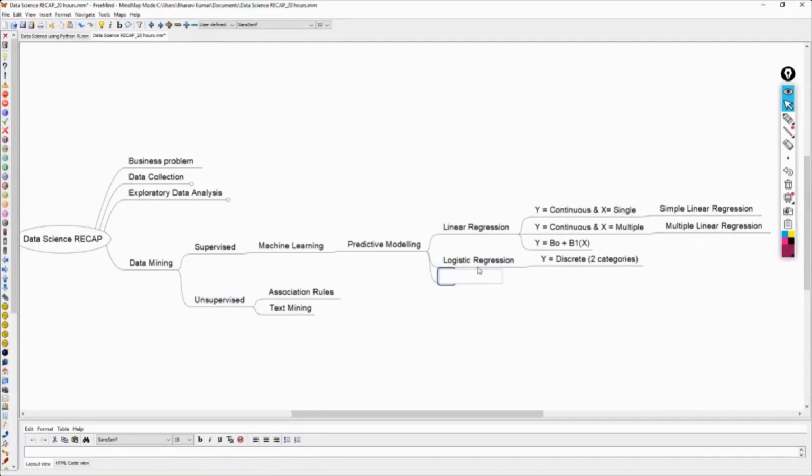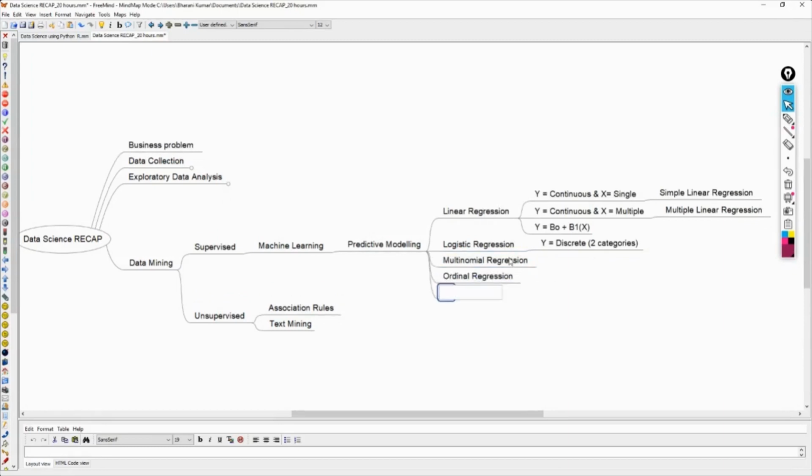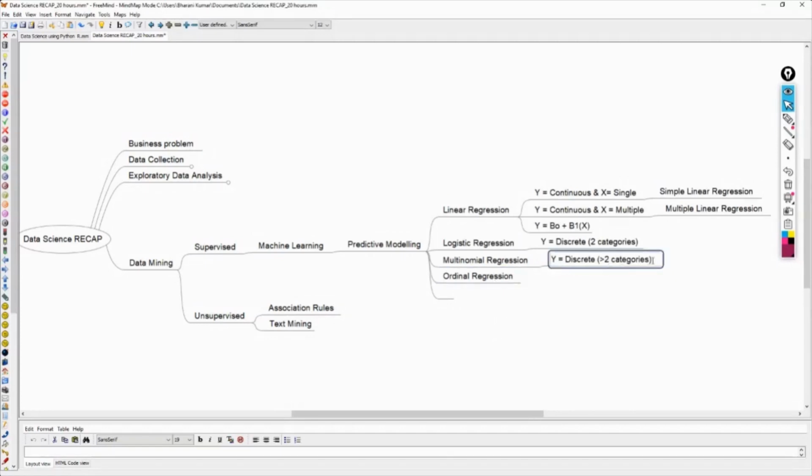I'll explain about a few more things. Sometimes your output variable might be discrete in more than 2 categories. Then you can proceed with multinomial regression or ordinal regression. So here, if you have an output variable which is discrete, and if it has more than 2 categories, and this data would be nominal data, you use multinomial regression.